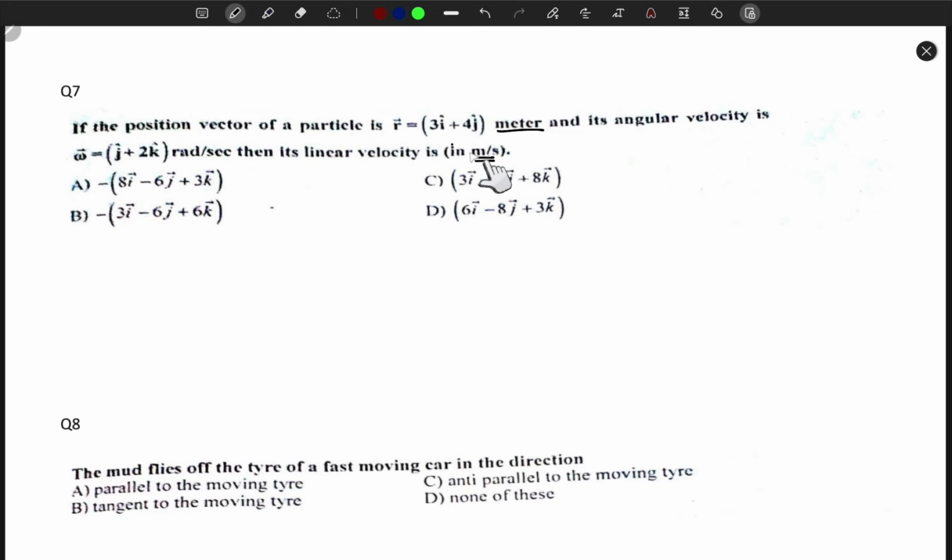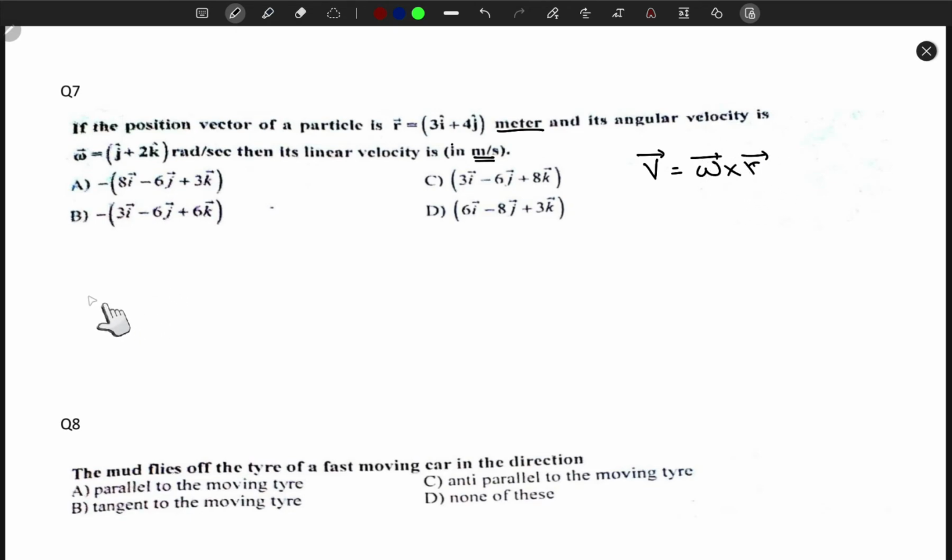Now remember that if omega and r are given in terms of vectors, then we can relate them with this expression, which is v, which is simply omega cross r. So it's the vector product of this vector omega and r, right? So now we have to compute this. So remember again, how do we compute this vector product?